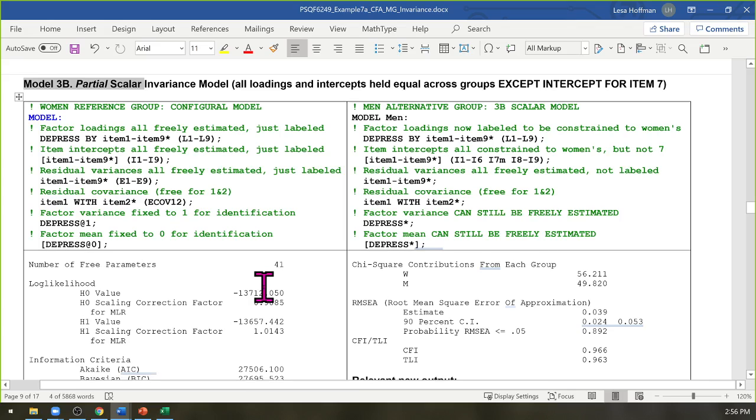All right. Can you guess what comes next? What other item parameters have we not talked about yet? Each item gets its own loading, its own intercept, and its own error. Yeah, error variance, residual variance. Yep.